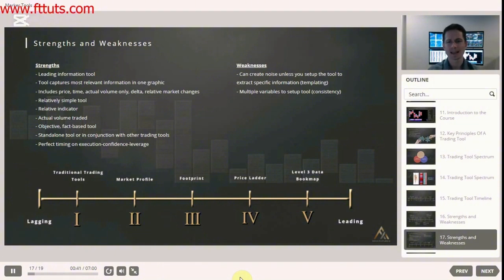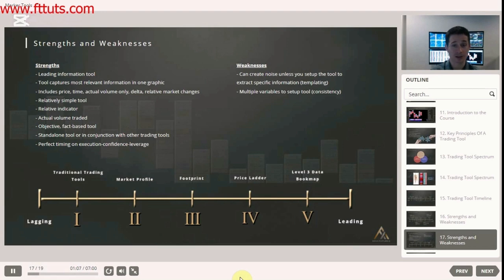Okay, so let's start off and talk about some of the weaknesses of the footprint tool, because again, it's important that the footprint definitely does have weaknesses, and it's important to understand those as well. So the first weakness is that the footprint can create a lot of noise if you do not set it up correctly. And that's the purpose of the first 5 units. I'm going to get you to set up the footprint in a very simplistic manner.